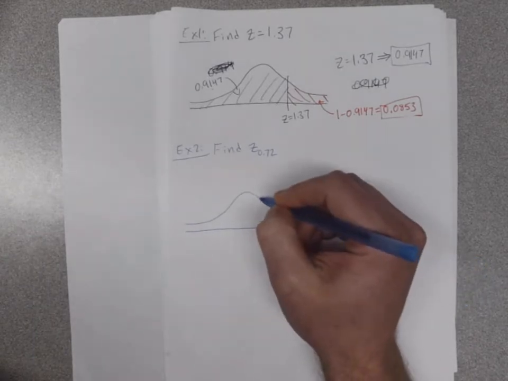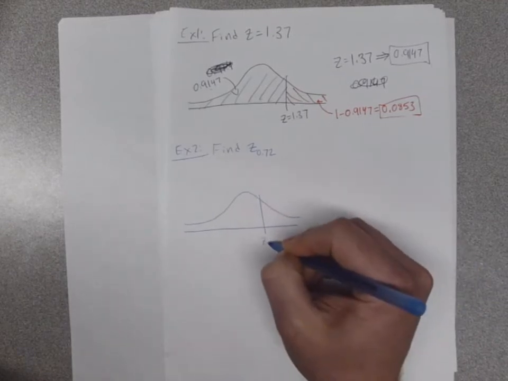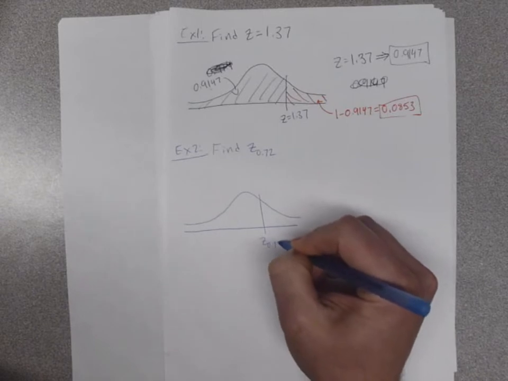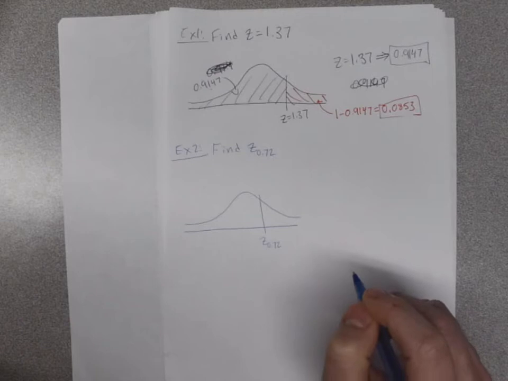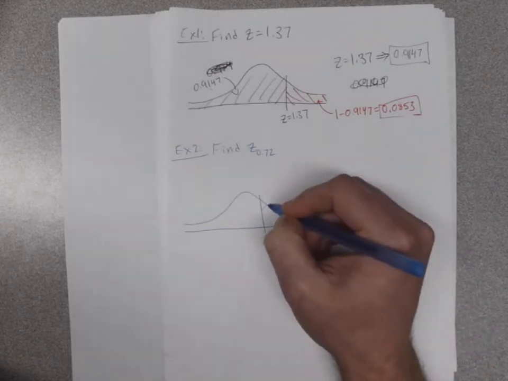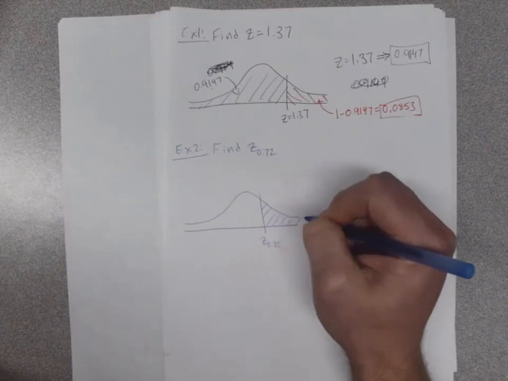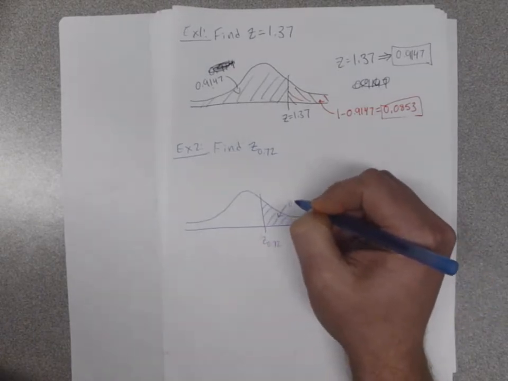All right. So what we're doing now is we have our z of 0.72, meaning that we want this portion here to be 0.72.